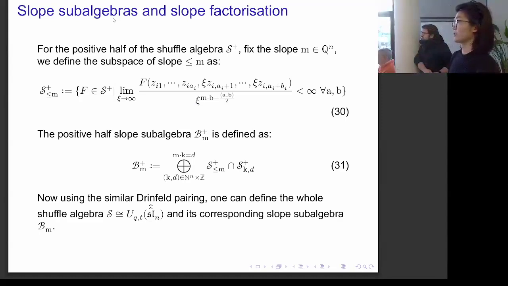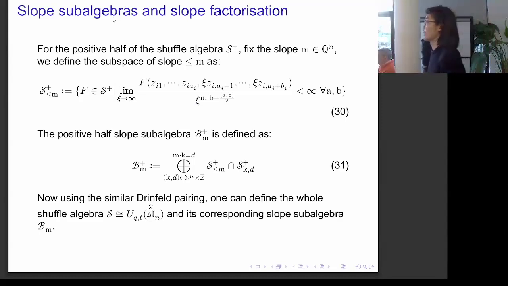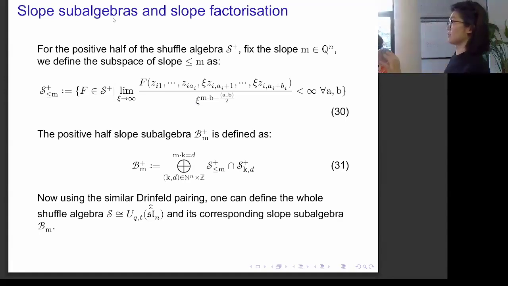So let me explain the definition over here. We choose a function inside of this space, and we do the scaling over some of the variables inside of this space, such that we send the scaling to infinity.